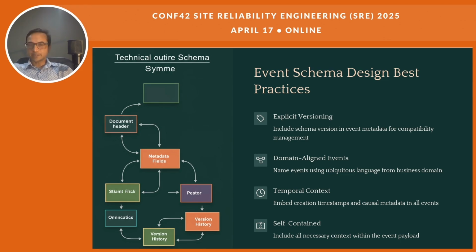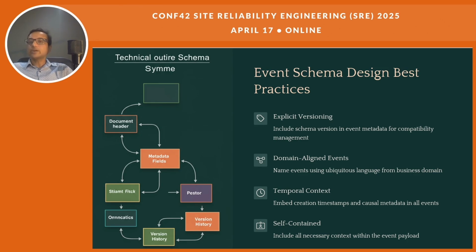So having established the importance of well-designed event schemas, the next step is to explore how to enhance system reliability with resilience pattern implementation. Resilience patterns such as circuit breakers, bulkheads, and fault isolation mechanisms are integral to building robust event-driven systems.